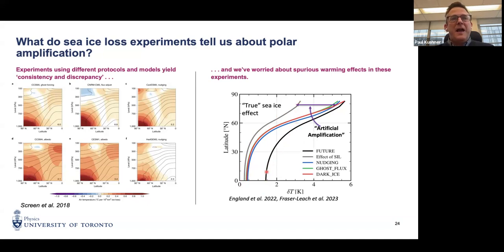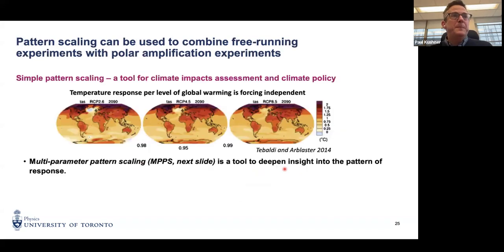And when you added that to the global signal, which is shown here in black, again coming from an energy balance model, you get a certain amount of polar amplification, and these model simulations, representing various different protocols applied in this EBM, would give you a lot more warming. He called this a spurious effect, and it torqued our interpretation in the wrong direction. So there are problems, because we're using these experiments to understand things, and they really mislead us in the very regions we're interested in. Then we have to revise our methods.